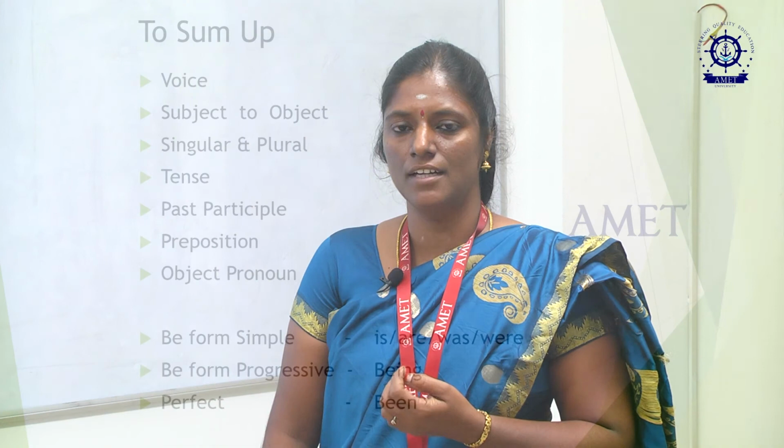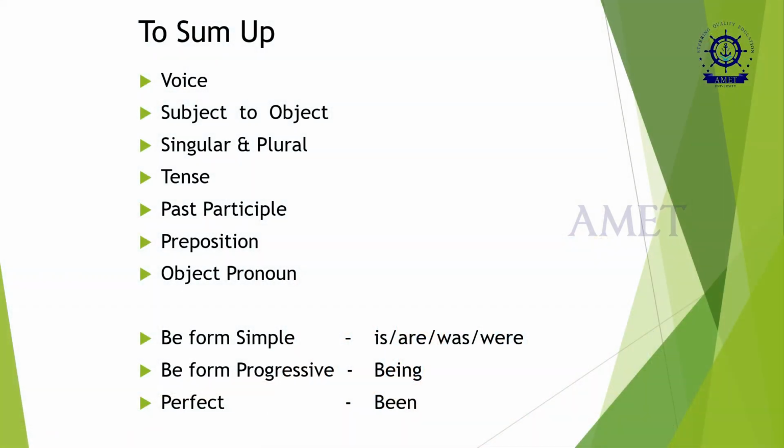When we are converting into passive voice, in case it is in progressive or continuous tense, we must add being. If it is a perfect tense, we have to use been, and if it is simple future, we have to use be. This is important to make a grammatically correct sentence. So, keep that in mind.